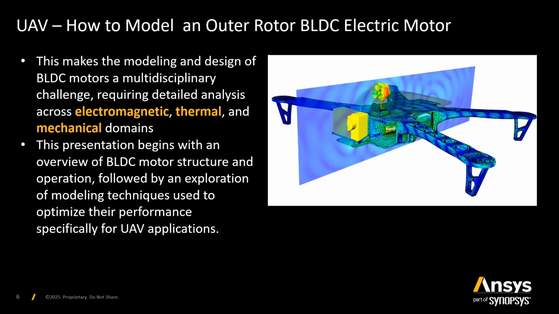We'll need to perform a detailed analysis and look at the electromagnetic aspects, the thermal aspects, and the mechanical, all considered together in a multi-physics approach. During this presentation, we'll go over a quick overview of BLDC motor structure and how they operate, and then we'll see how we model the performance of this type of machine specific for UAV applications.